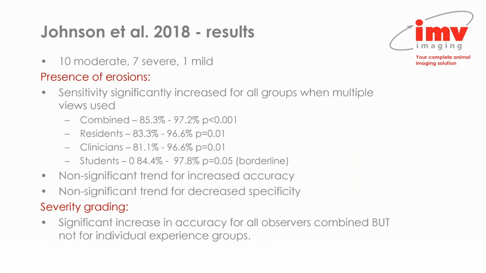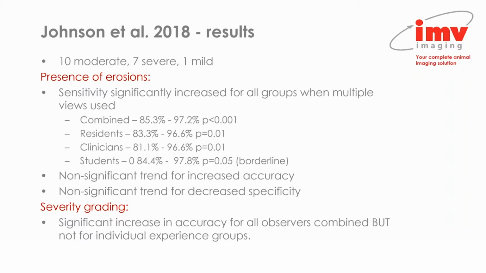So the results in brief: of the 18 case limbs, 10 had moderate erosions, 7 had severe erosions, and 1 had a mild erosion. Again, this was determined by consensus agreement by the radiologists.